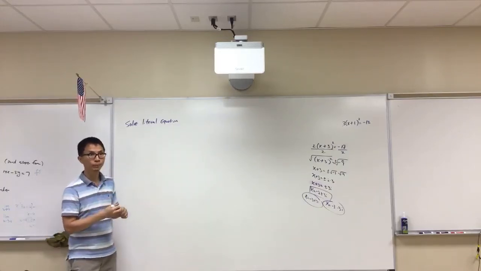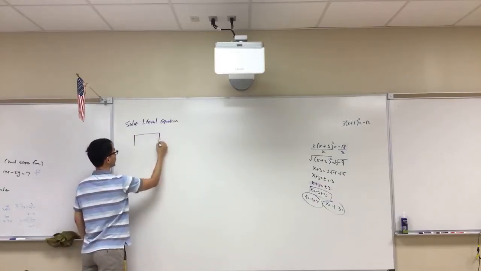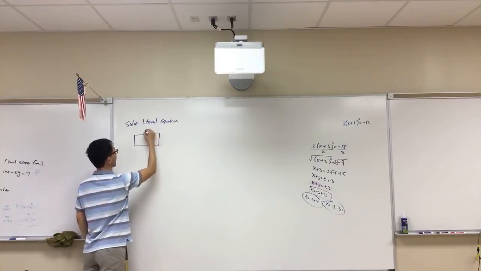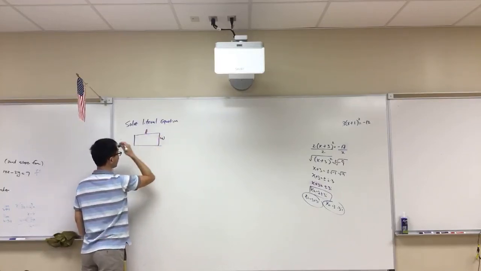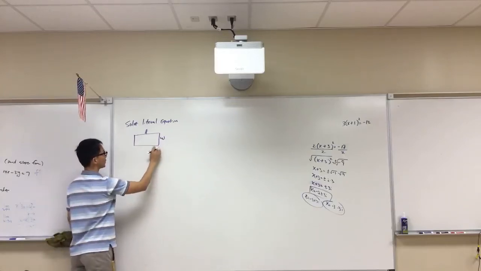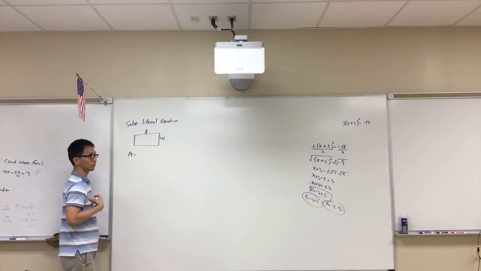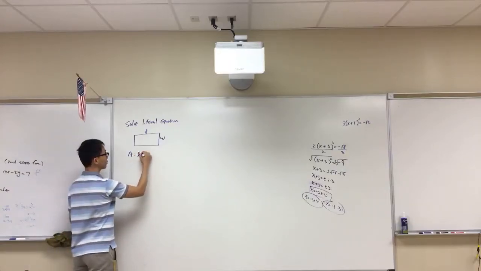So for example, in geometry, we have a rectangle, and this rectangle has length and width. What will be the area? Area is equal to length times width, right?